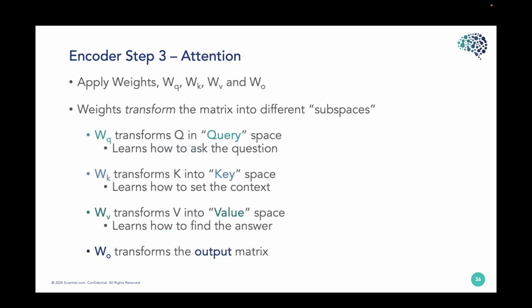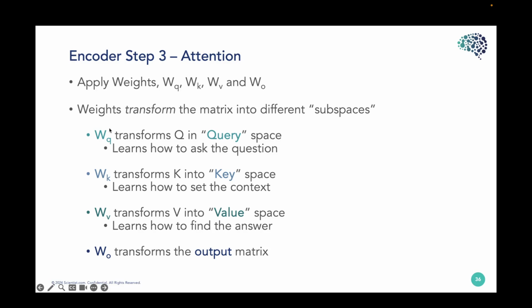Now we apply our first attention step. We talked about this in great detail already, so I'm not going to go into the details of how attention is applied, but I do want to focus on the weights. We glossed over this intentionally in the last seminar, but you will recall, to apply attention, we need a Q matrix, a K matrix, and a V matrix. To create those, for self-attention anyway, we copy our input matrix, our input set of vectors, and then we multiply them by weights.